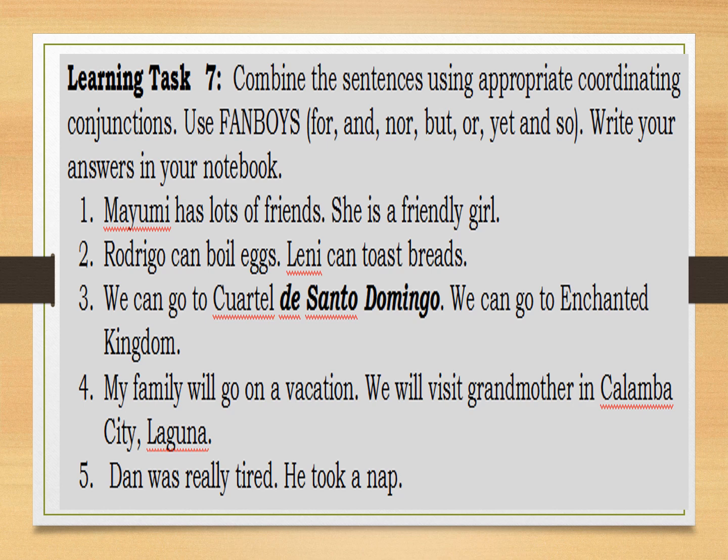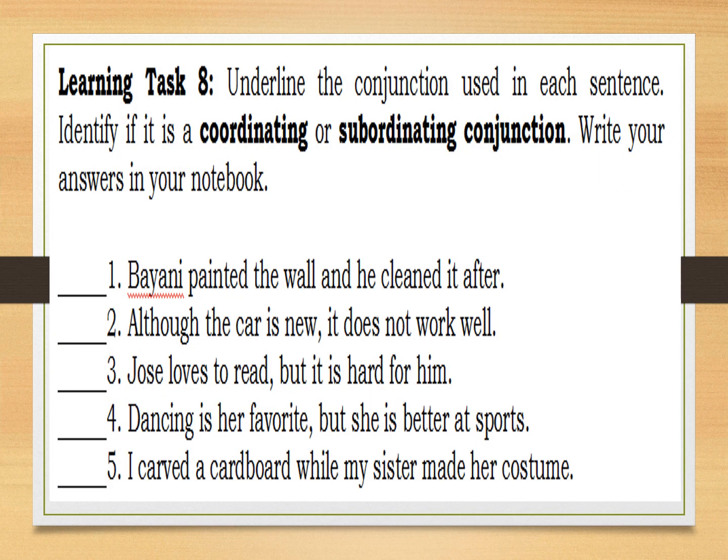Learning Task 7. Combine the sentences using appropriate coordinating conjunctions. Use FANBOYS: for, and, nor, but, or, yet, and so. Write your answers in your notebook. Learning Task 8.